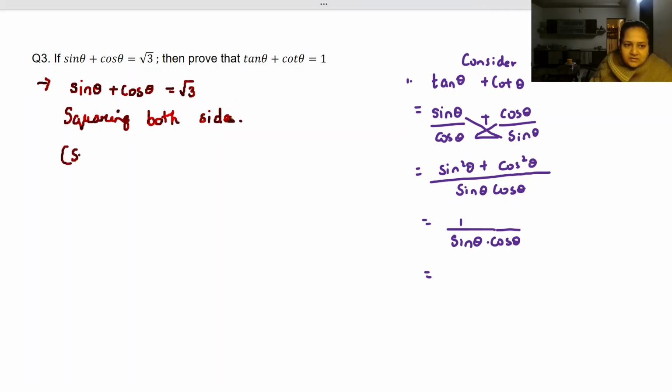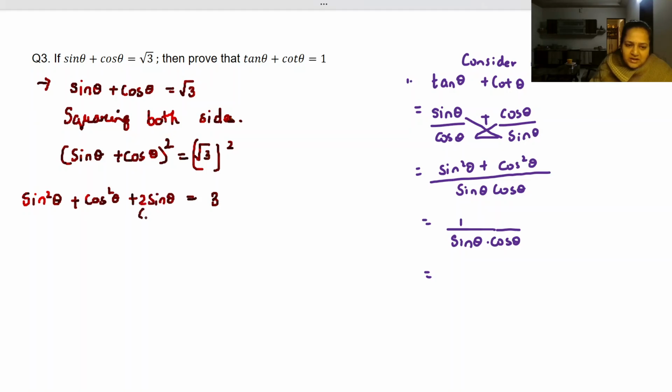We are going to get sine theta plus cos theta is root 3, squaring both sides. The best part is square and root get cancelled, nullify each other. And so this becomes 3. And over here I have sine theta plus cos theta the whole square, which is of the form a plus b the whole square. Now what is a plus b the whole square? a square plus b square plus 2ab, that is 2 sine theta cos theta.